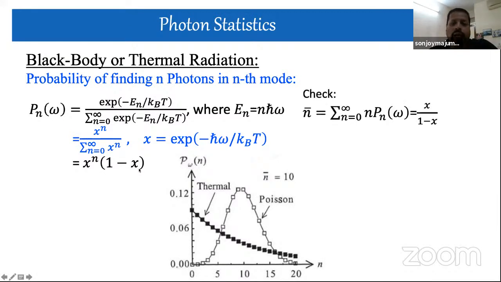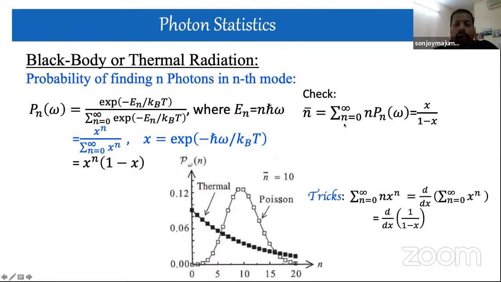Now let us check how we can calculate the variance or standard deviation. If we find the mean value, since we have a distribution given to us here, we just multiply by n and sum over all modes. If we do that, we will get x upon 1 minus x.